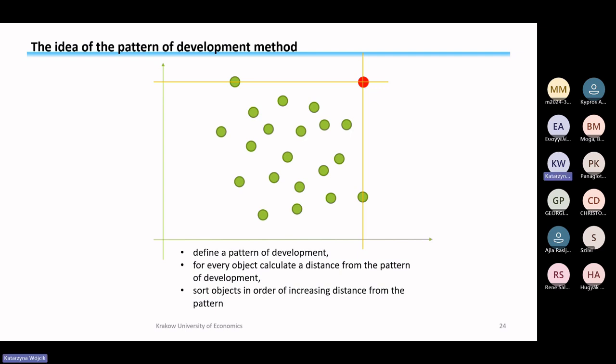And having this artificial object, we calculate the distance for each object and this pattern. Then we can sort our objects in order of increasing distance from the pattern. So basically, the closer the observation to the pattern, the higher in the ranking it will be placed.